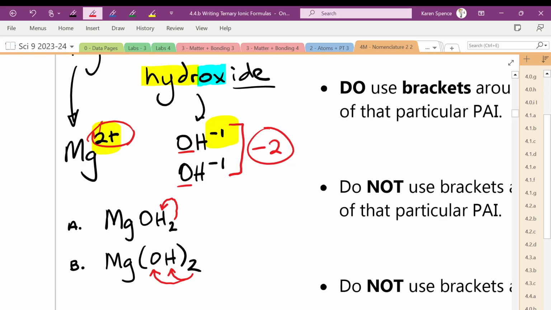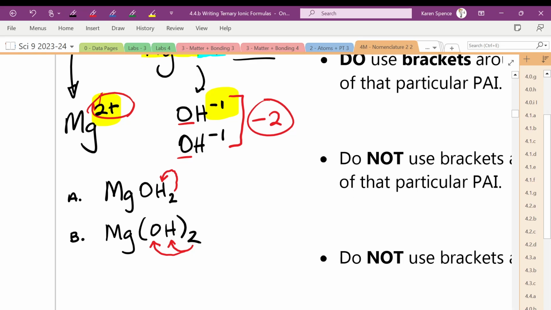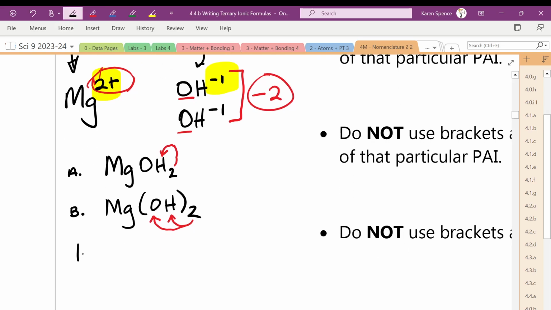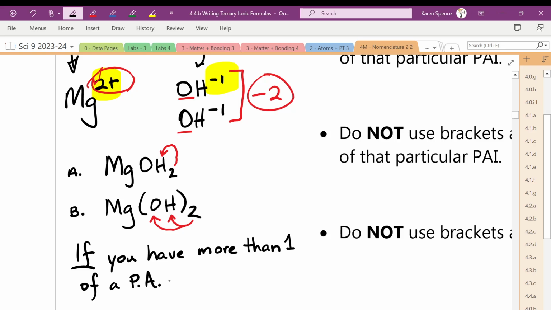So anytime you have more than one of a polyatomic ion, use brackets. Okay?